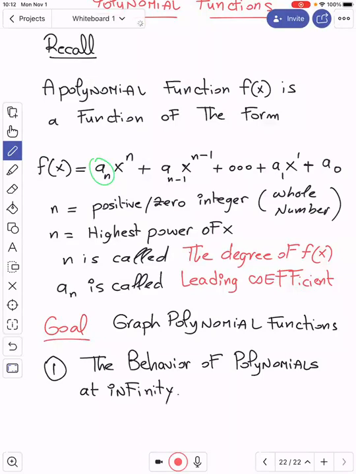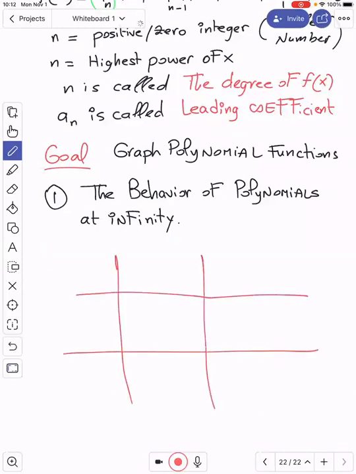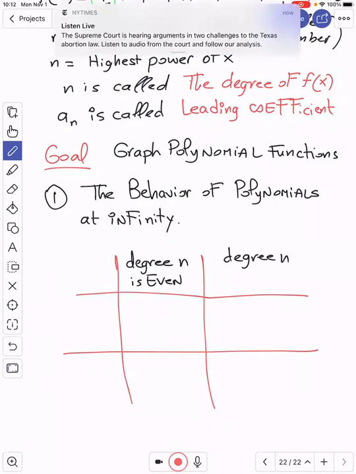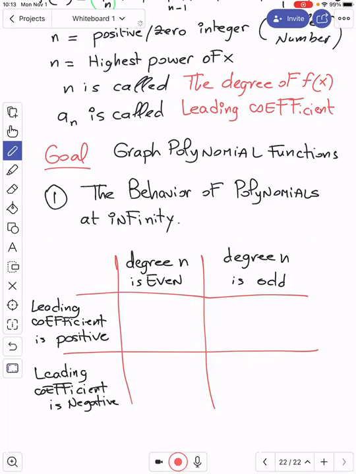We said there are 4 cases: when the degree n is even, when the degree is odd, and also when the leading coefficient is positive or negative. So we have these 4 cases.